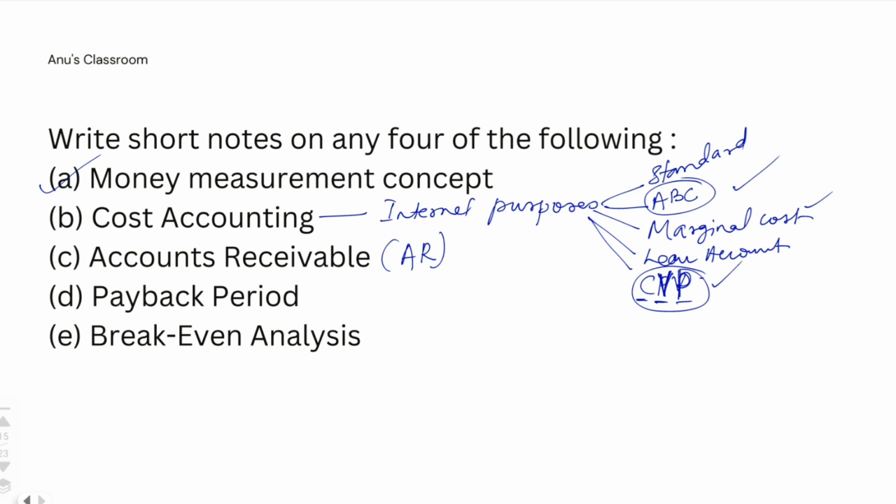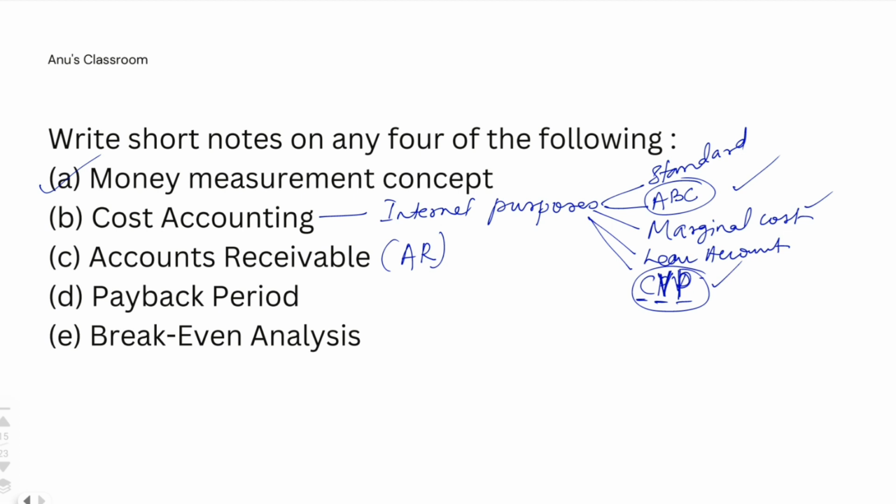From Dell's point of view, Dell has already given you, the customer, the laptop, but Dell is yet to receive the payment from this particular customer. So you will be tagged as an accounts receivable for Dell. Okay, so that is accounts receivable. I hope you understood the concept. So what do you think this accounts receivable would be?